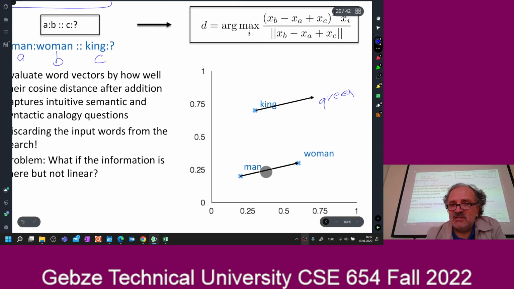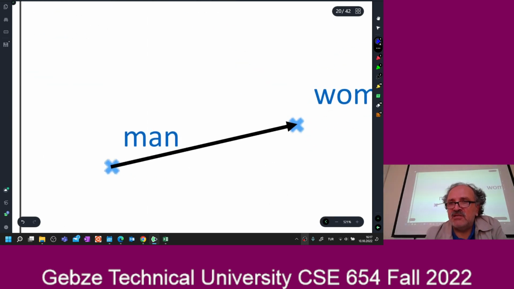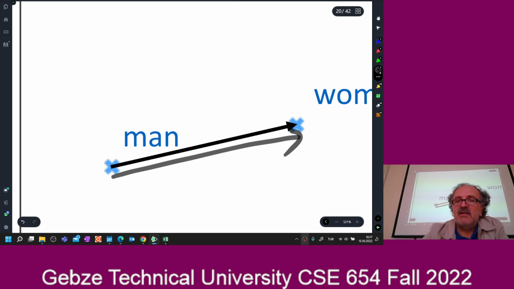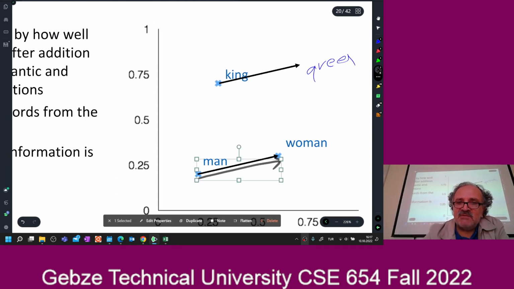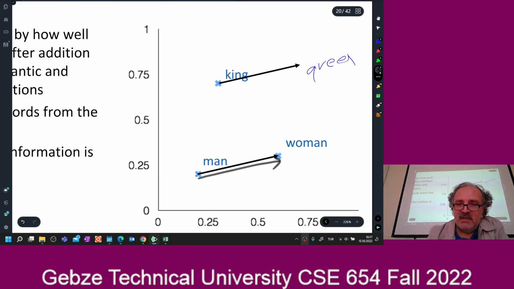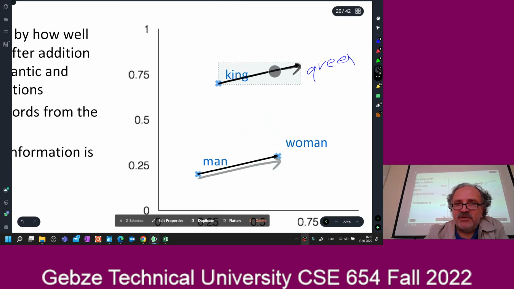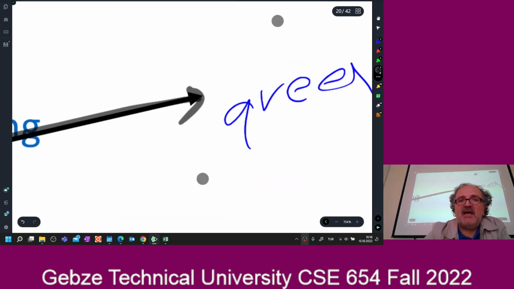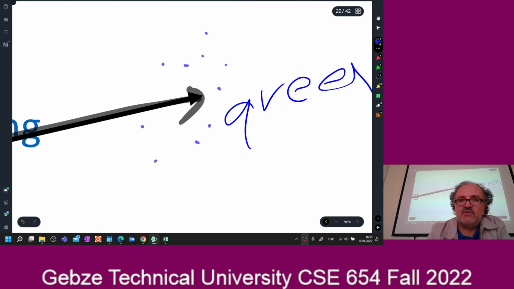It's kind of this. Find this vector, the black vector between man and woman, and take this vector, put it on top of king, and among all the words around here, choose the one that is the closest to that position.